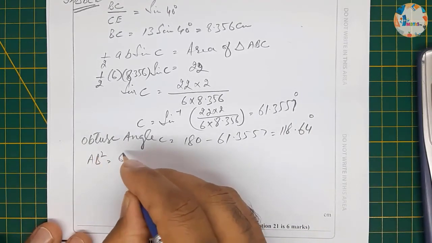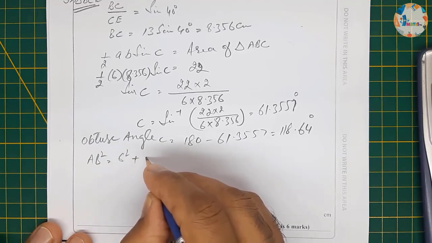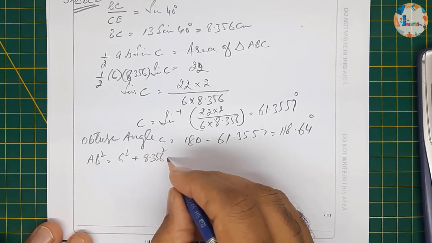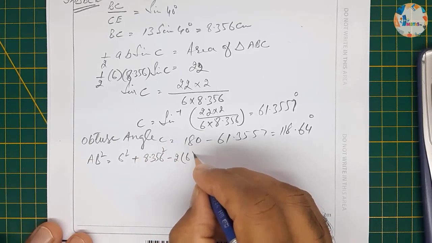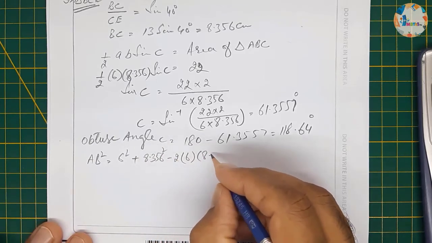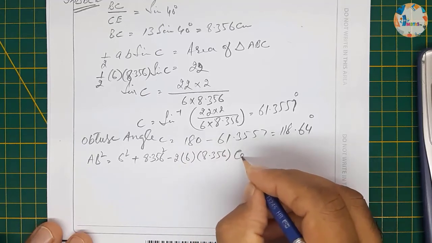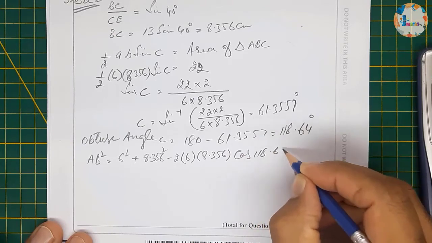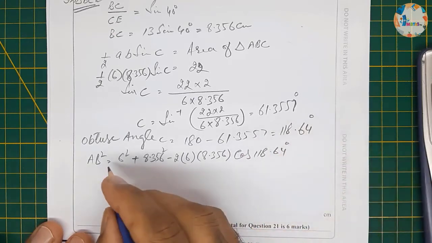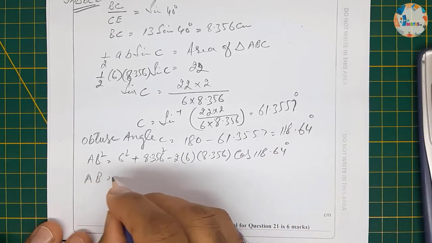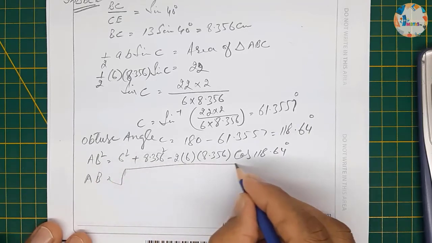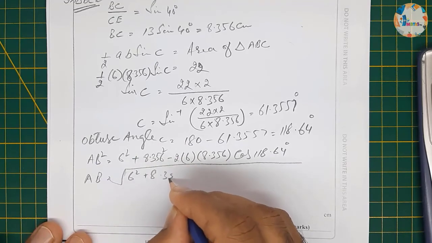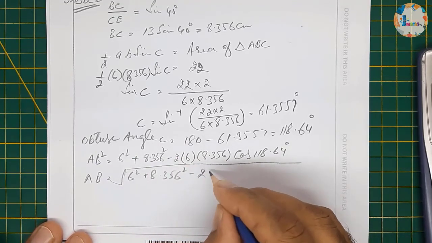Now we will apply the cosine rule to find this AB length, and we can write AB square is equal to one side square plus the second side square, which is 8.356 squared, and minus 2 into one side and the other side, which is 8.356, into cos of the angle, which is this one, 118.64 degrees, and AB will be equal to root of this whole, which is 6 square plus 8.356 squared minus 2 into 6.